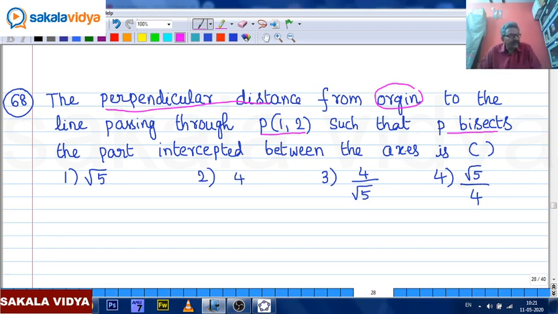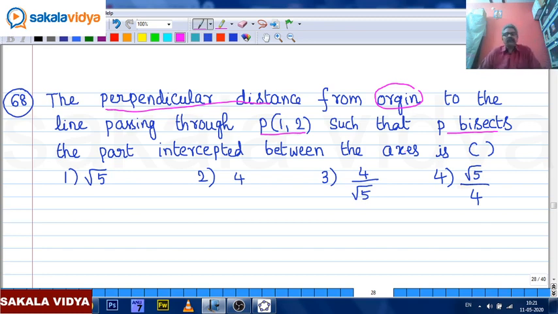Let us divide this problem into two concepts. First concept is to find the equation of the line passing through P1, 2 such that P bisects the part intercepted between the axes. After that, find the perpendicular distance from origin to that line.